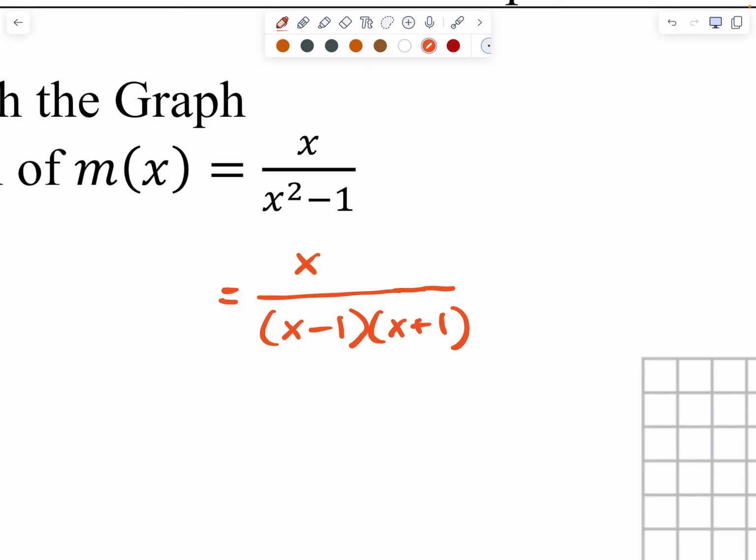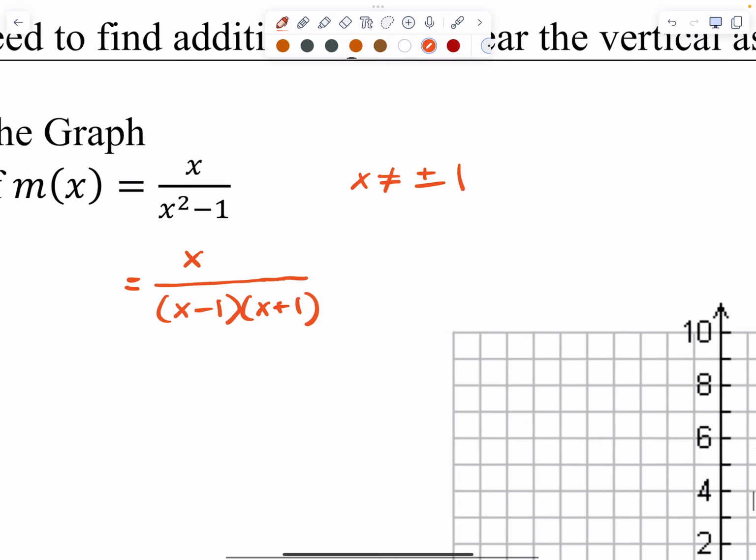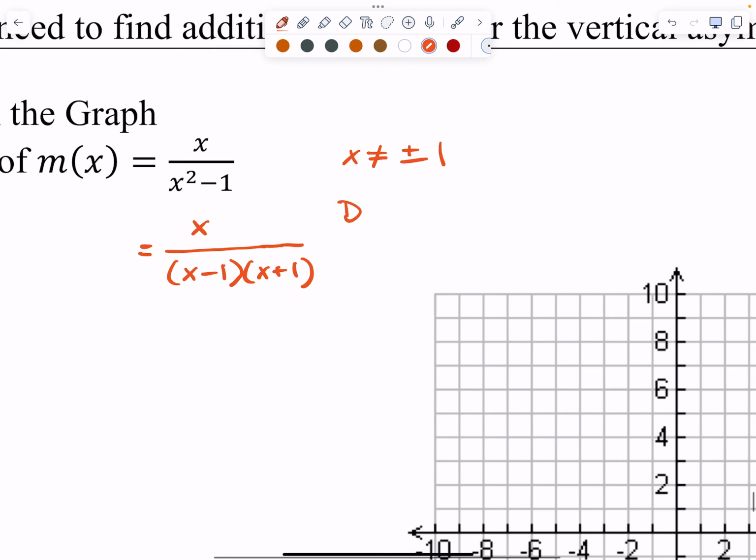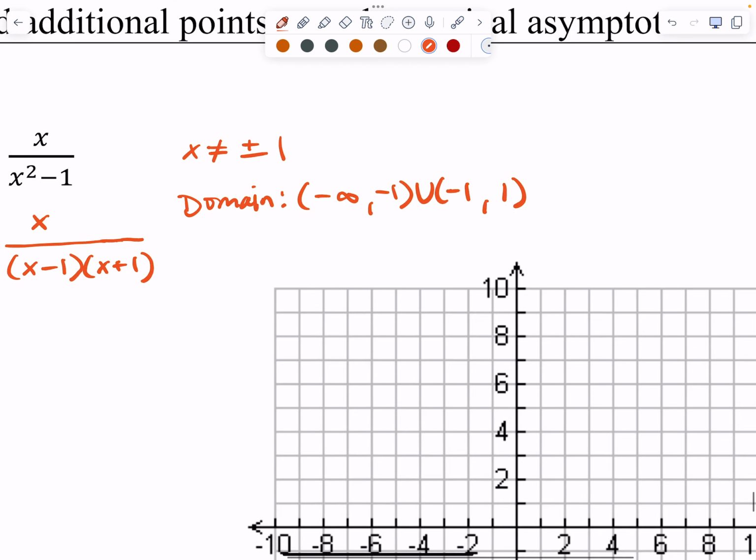No holes. We can see that x just can't be equal to plus or minus 1. Like that's the domain. If you were having to state the domain in interval notation, we would just say negative infinity to negative 1, union negative 1 to 1, union 1 to infinity.